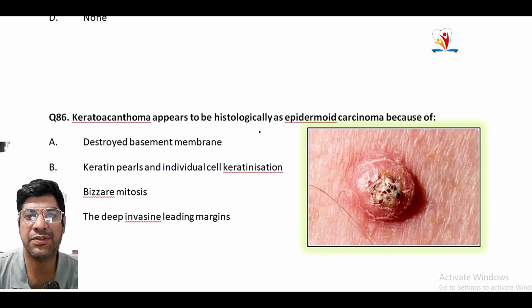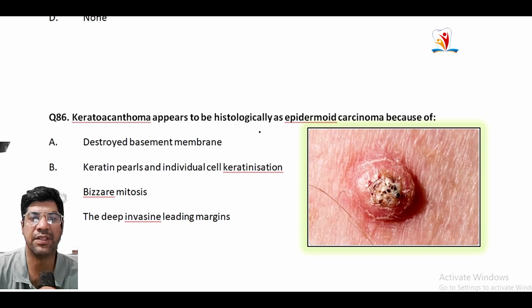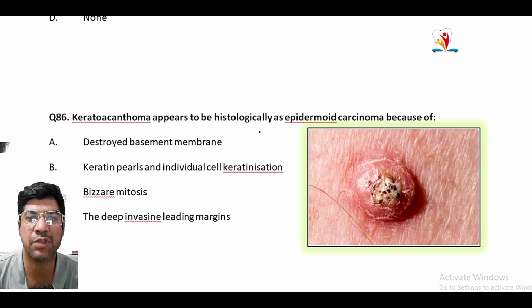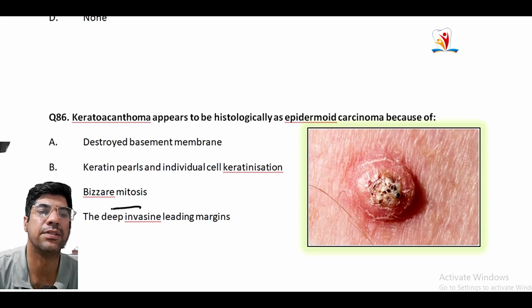Keratoacanthoma appears histologically as epidermoid carcinoma, because the histological appearance of keratoacanthoma can resemble epidermoid carcinoma. It is a benign skin tumor that can mimic squamous cell carcinoma both clinically and histologically due to the presence of deep invasive margins.